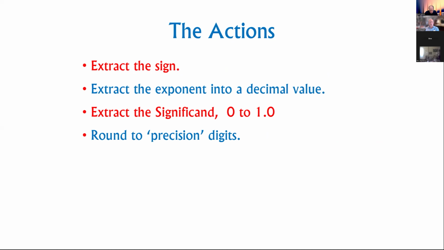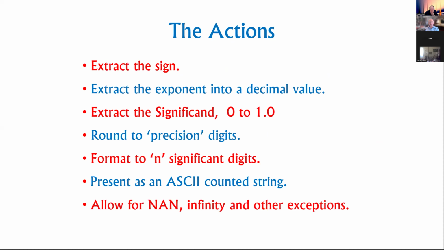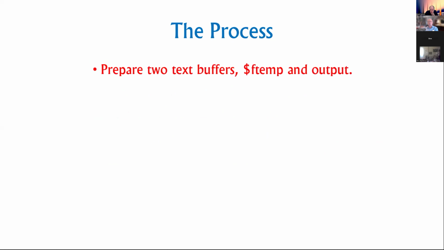Then it rounds to the number of digits specified by the value precision, which you specify and select, and then it presents the string as a list of n significant digits. And finally, that string is an ASCII counted string. So the outputs are all very manageable, and they are all nicely parsed out for you. And then, of course, you have a simple error routine to catch the exceptions.